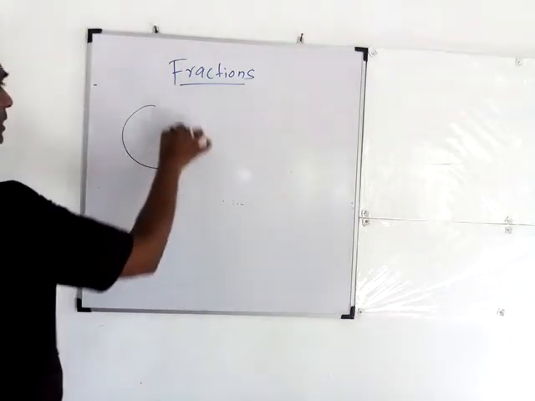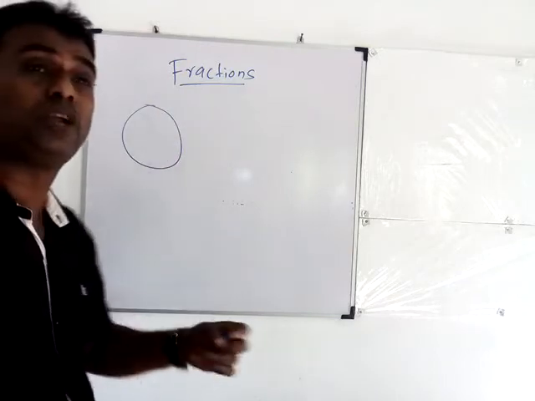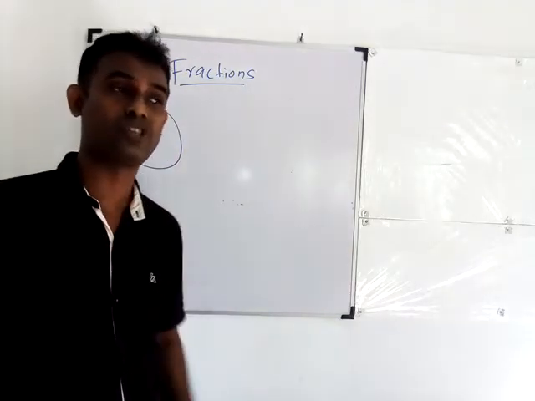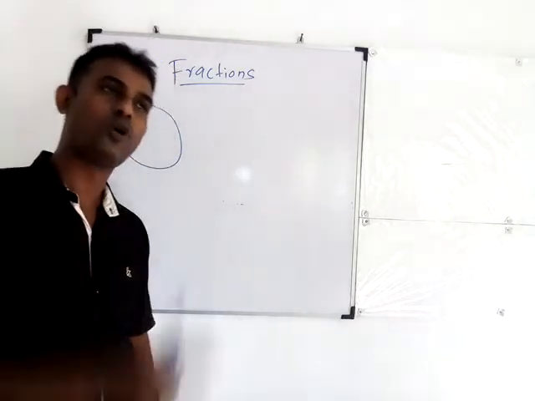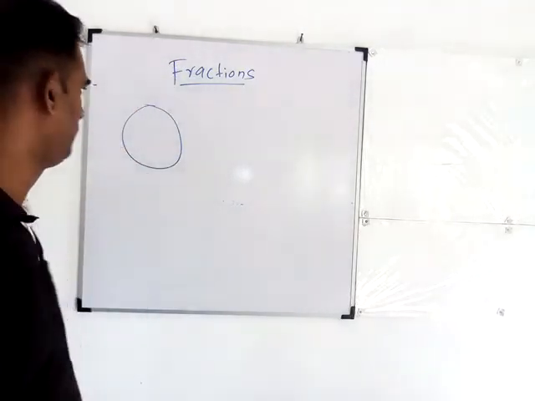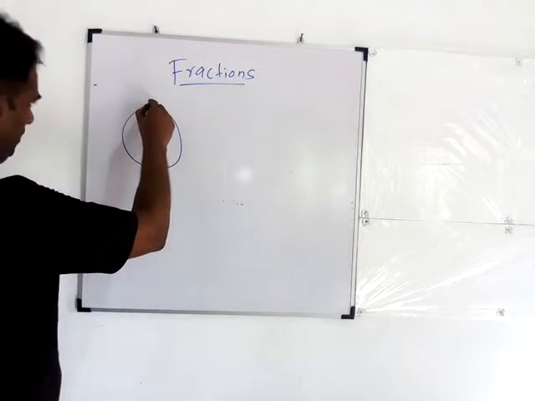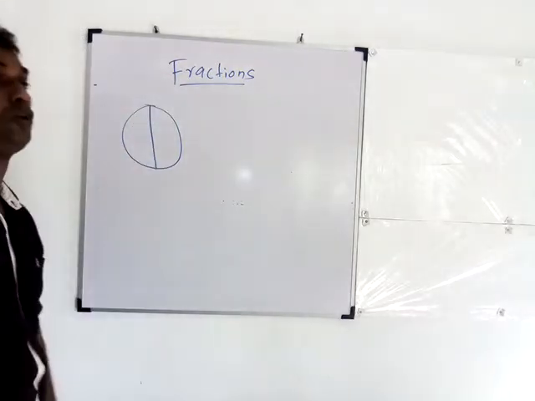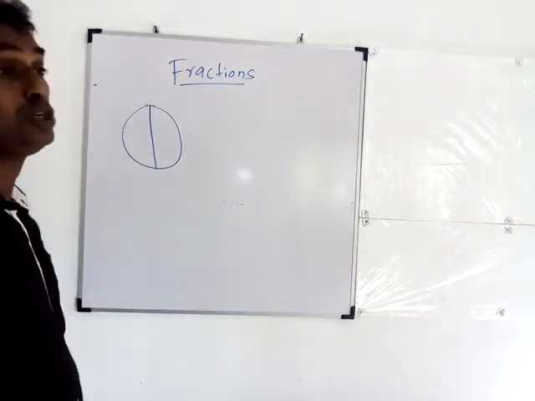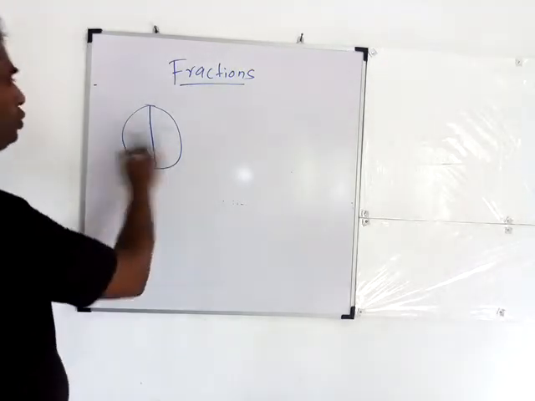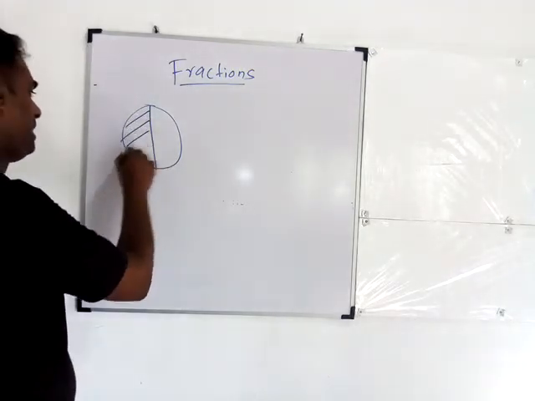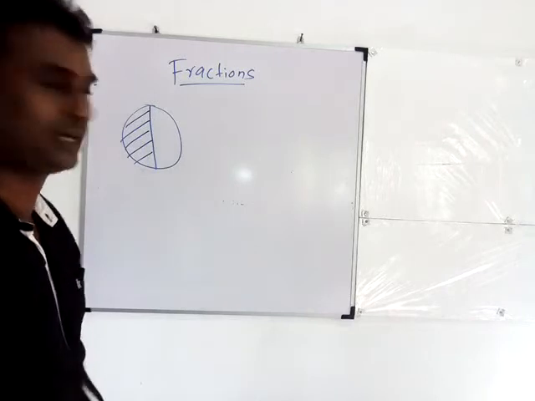I draw a circle. This circle we can divide into small parts, or we can cut it into small different parts. I divided it into two parts. I draw a line to divide it into two parts. This is a small part of the circle.